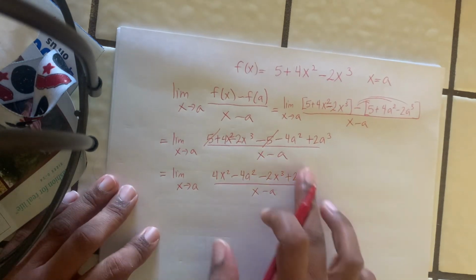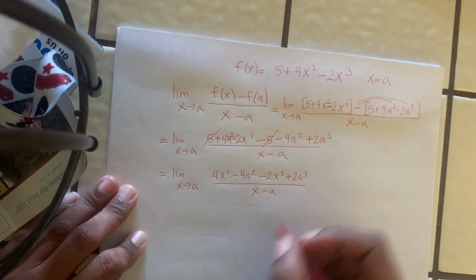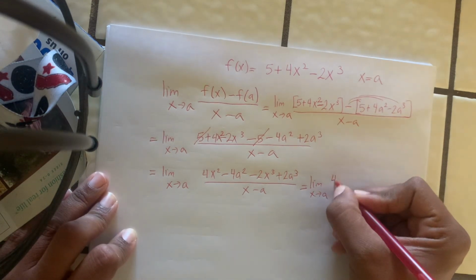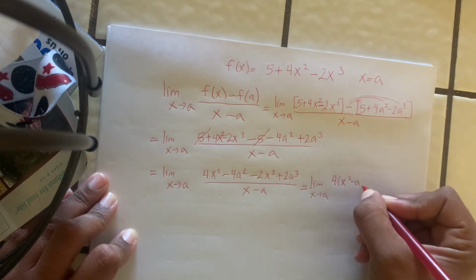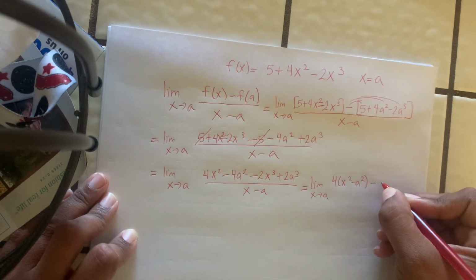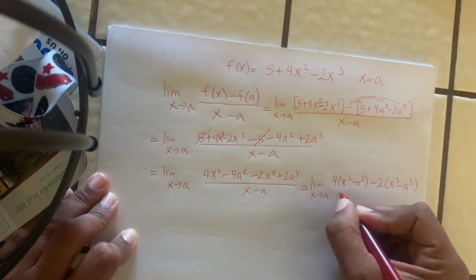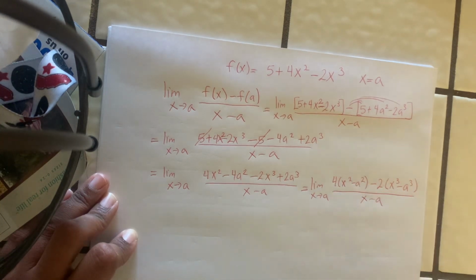Then I'm going to notice here that I can factor out a 4 on both of these. So this is the limit as x approaches a of 4 times x squared minus a squared. And then here, pull out a negative 2, and I get x cubed minus a cubed over x minus a.